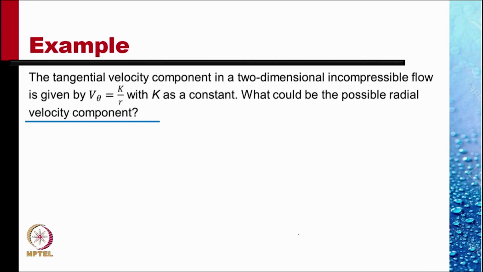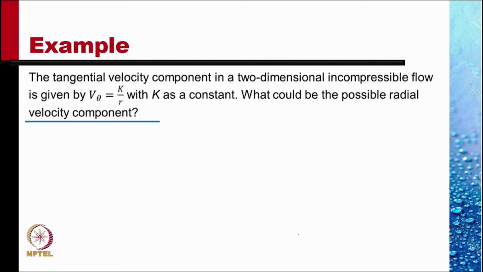Let's give an example of how we can use this continuity equation. The tangential velocity component in two-dimensional incompressible flow is given by V theta is equal to K by r, with K as a constant. What could be the possible radial velocity component? Clearly, we are now dealing with cylindrical polar coordinates r and theta in 2 dimensions, incompressible flow.